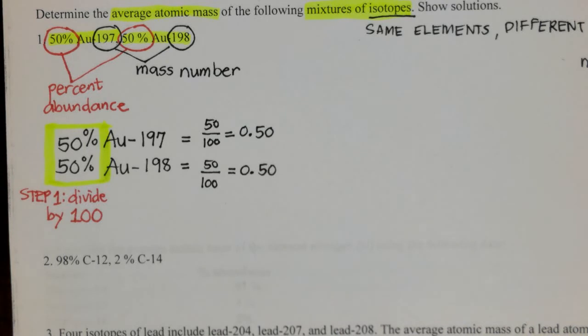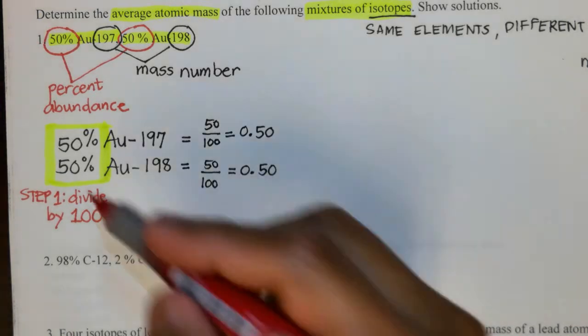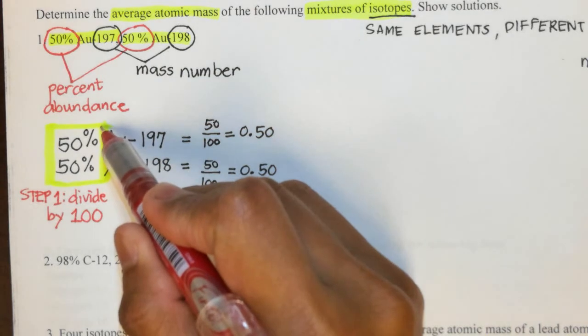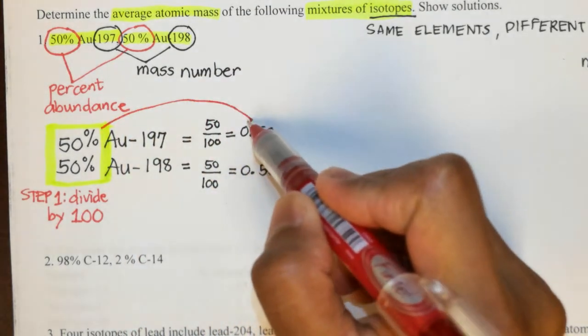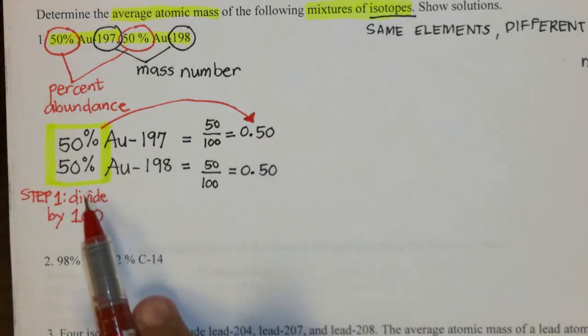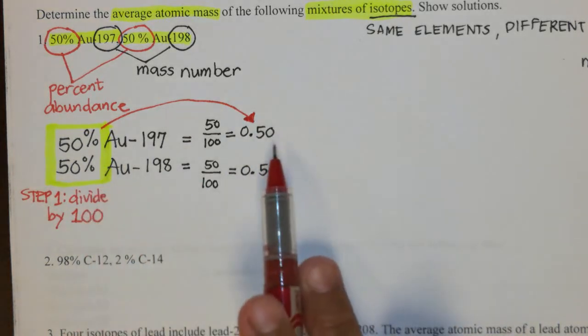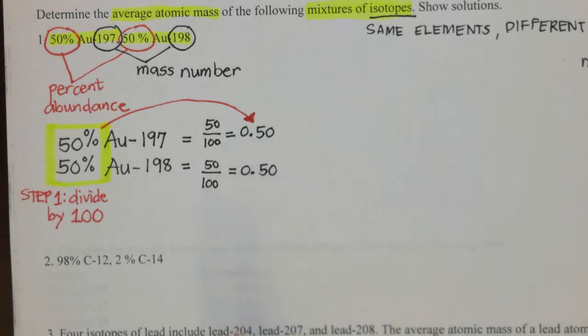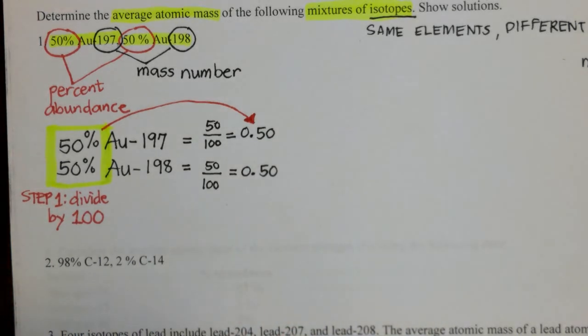Do we have any questions with step 1? So I don't hear any questions. So let me just put an arrow that this is now my new output for my step 1. My 50 and 50% became 0.50 and 0.50. Now I'm going to go ahead to step 2.